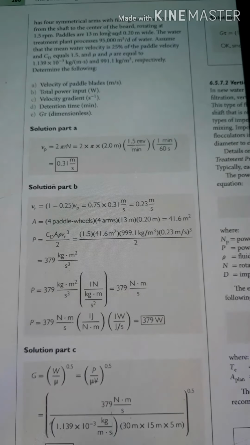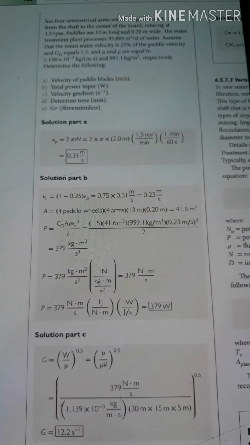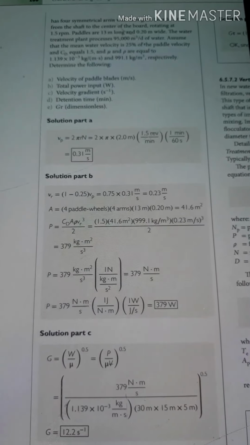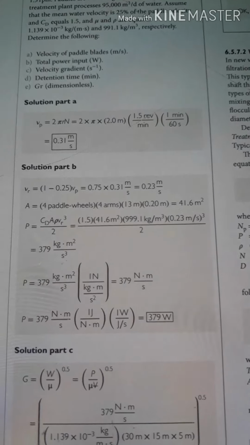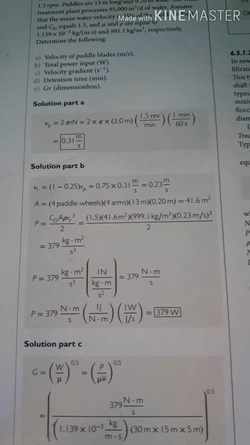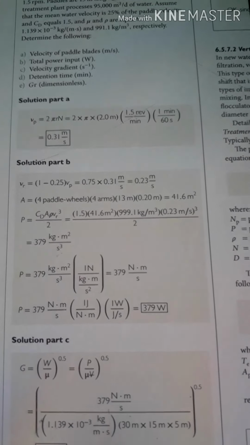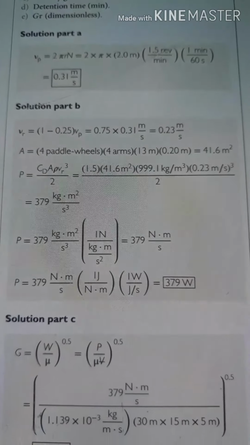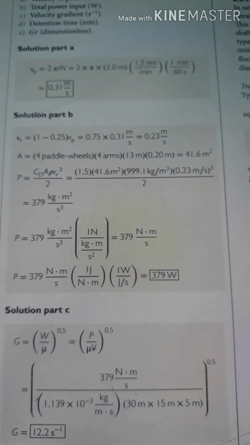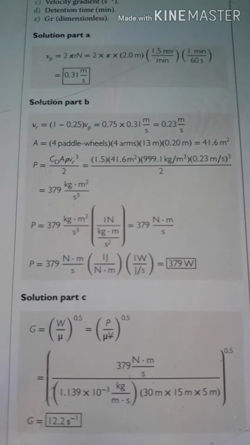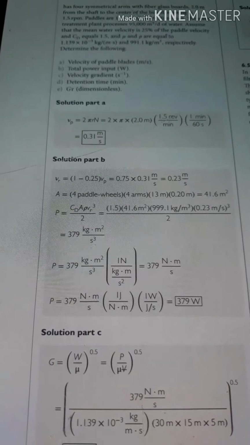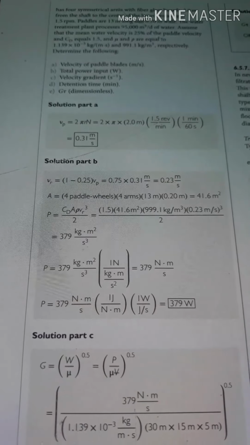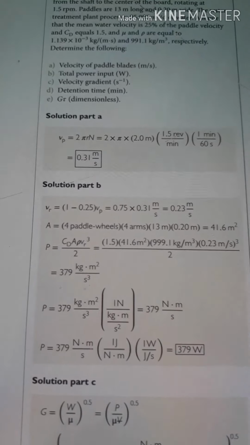For our part B, the total power input, ang una nating gagawin is to find parts. First, find VR and A, which is very important sa pag-solve natin sa total power input, which is P. So here, first solve for VR, which is 1 minus 0.25, V subscript P is equal to 0.75 times 0.31 meter per second, which is equal to 0.23 meter per second.